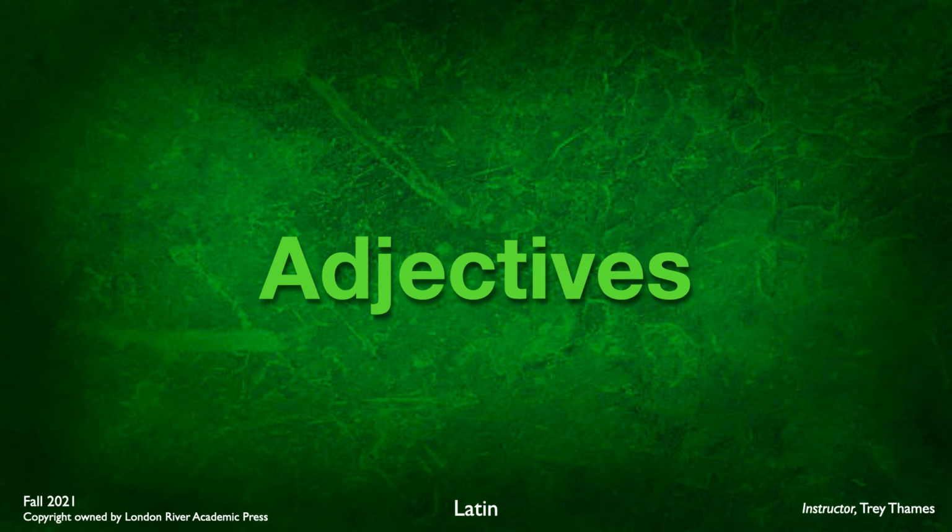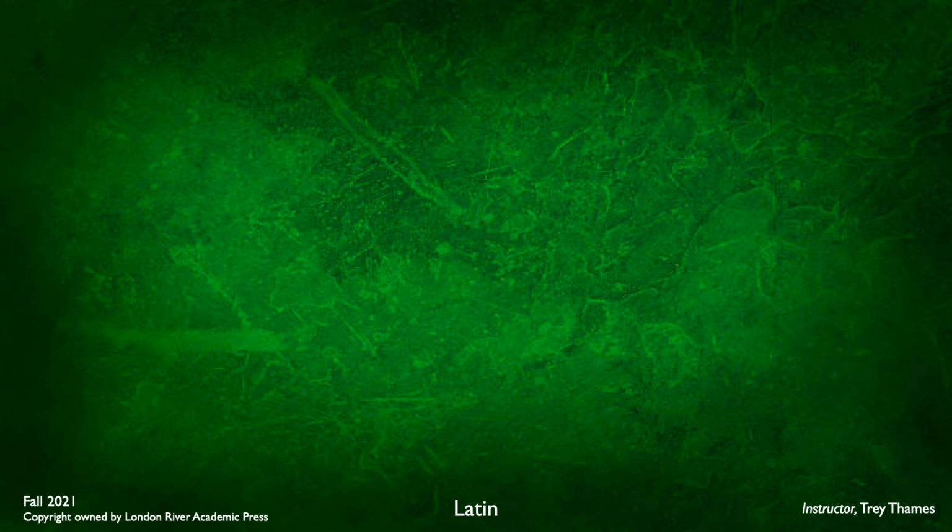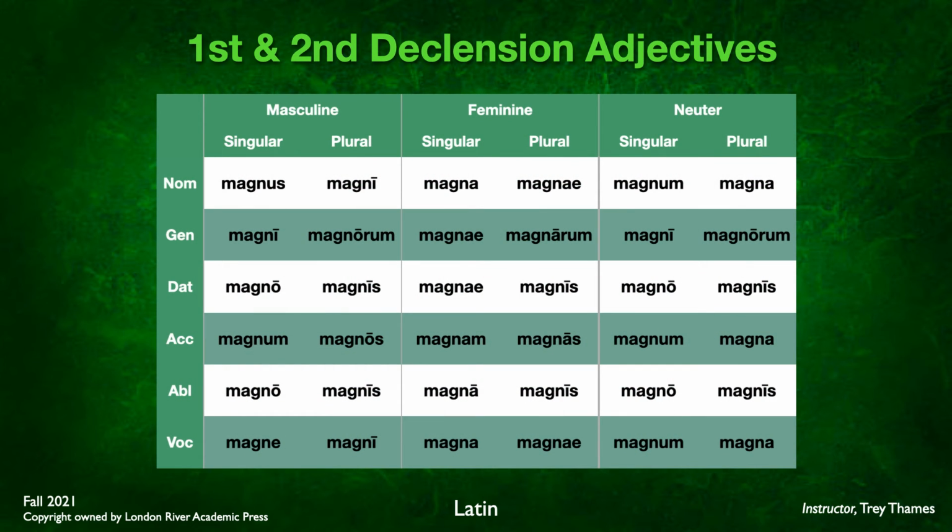We're going to talk about adjectives next. Now, we've already briefly talked about them. If you remember that adjectives have a masculine and a feminine and a neuter form. And the reason why is because the adjective has to agree with the noun that it modifies in case, number, and gender. So if the noun is the subject of the sentence and it's in the nominative and it's singular and it's a masculine noun, then you need to have a masculine nominative singular adjective that goes with it.